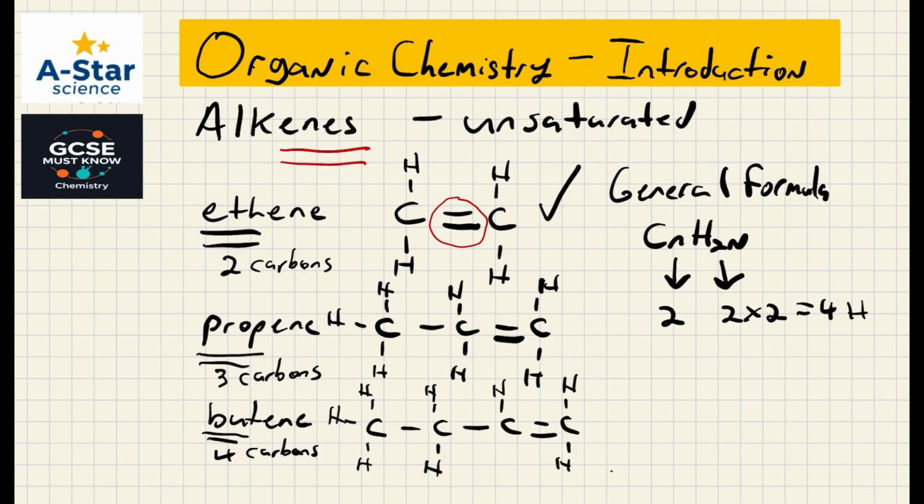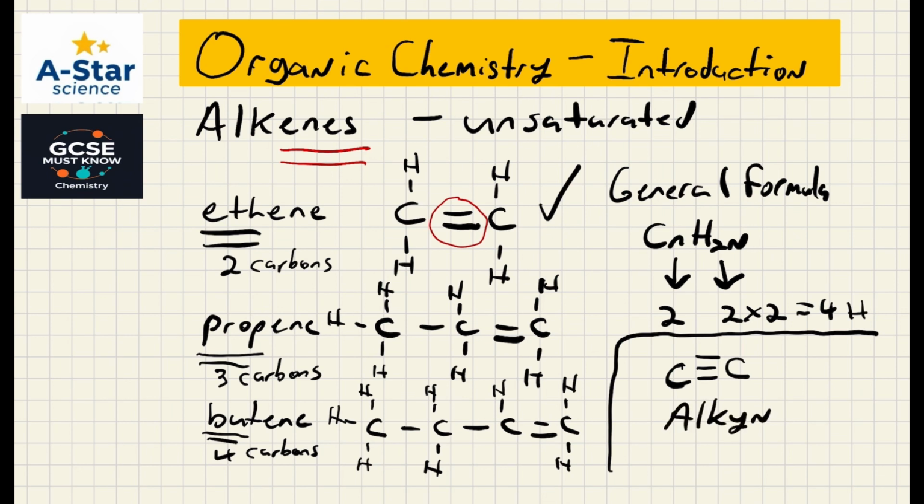There's another family as well, which we call the alkynes. And they are going to have 3 bonds in between. You do not need to know them in depth for GCSE, so we won't go into them there. But it's worth mentioning that we call these the alkynes.